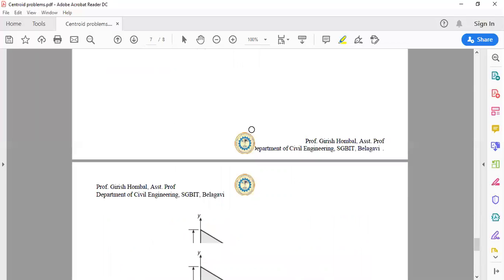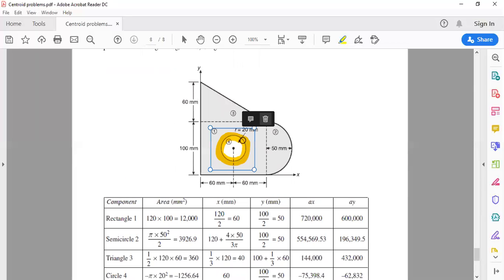But here in this problem there is a circular cut. So when you differentiate this into four diagrams, the circle will be a deduction there. Hence, it will be taken with the negative sign.